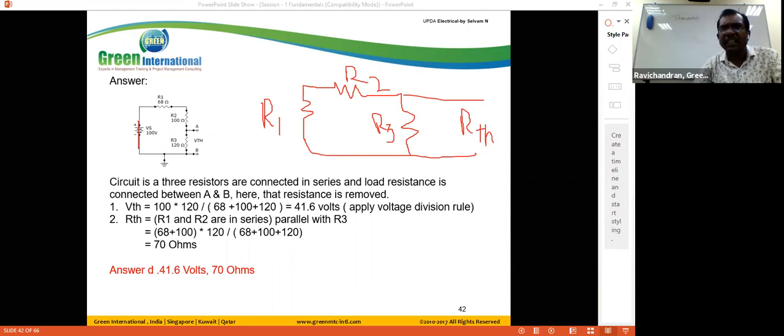Okay. So R1 and R2 are connected in series, so 68 and 100 here. That is 168 ohm, in parallel with 120 ohm.